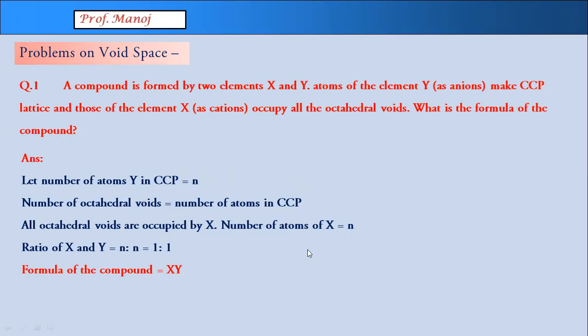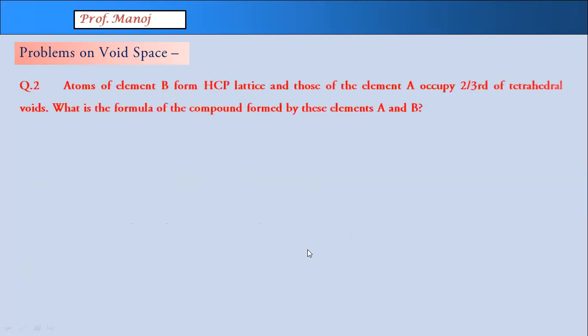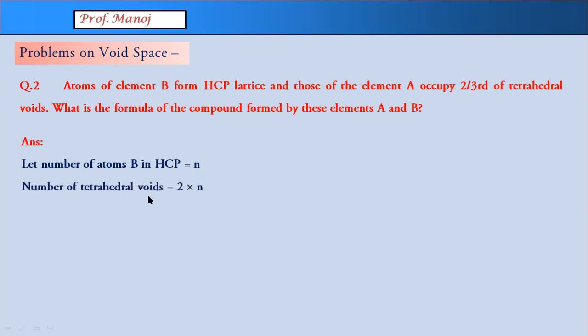चेंज करके इसका सेकंड प्रॉब्लम दिखाता हूं। इफ यू वांट विल कम बैक टू द प्रॉब्लम अगेन। Atoms of element B form HCP lattice. A occupy 2/3 of the tetrahedral void. What is the formula? So, number of atoms of B we are considering n. So, यहां पे tetrahedral void हमेशा होते हैं 2 times that of n.